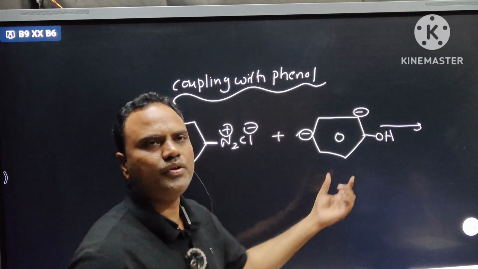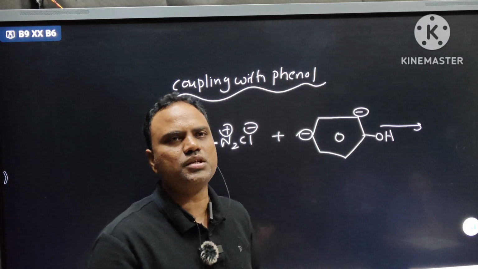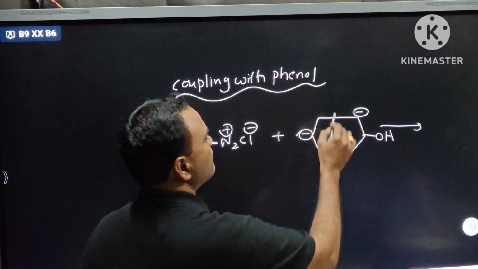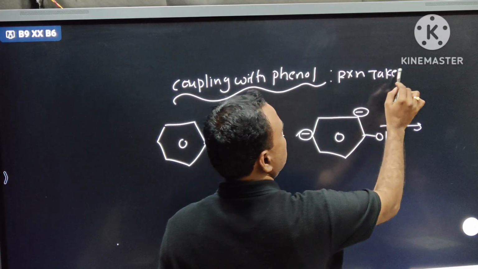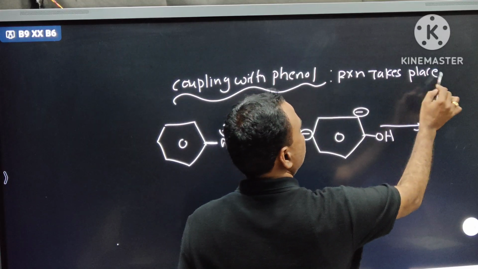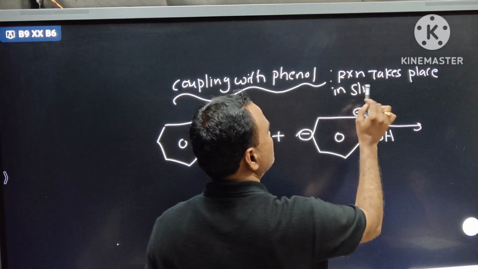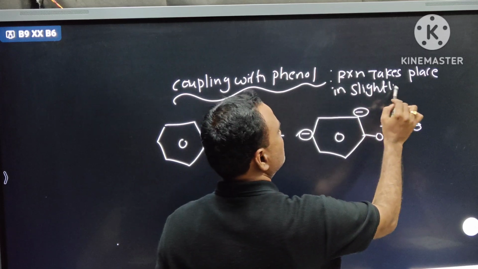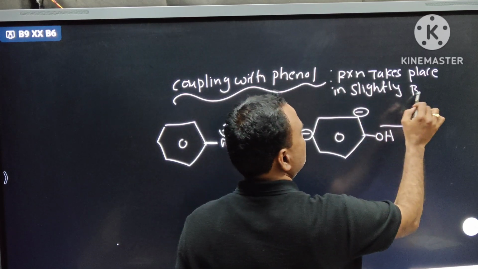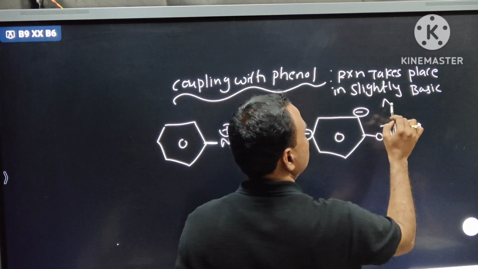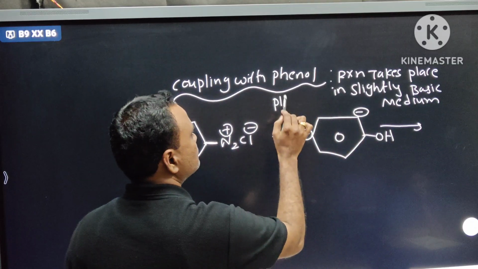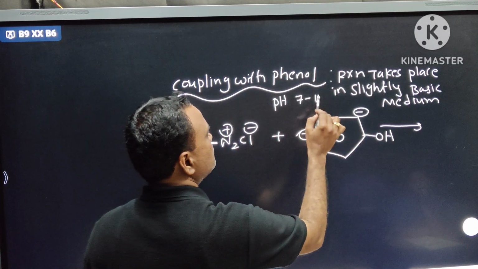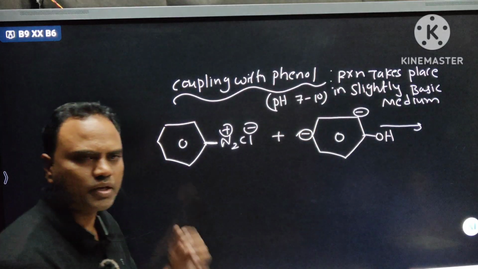And phenol is an acid, so the reaction takes place in slightly basic medium. We have to mention that the reaction takes place in slightly basic medium at pH 7 to 10.